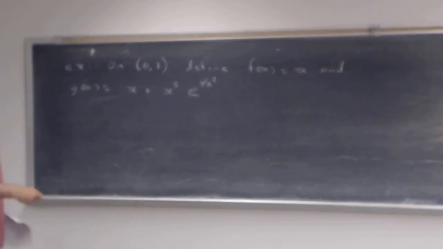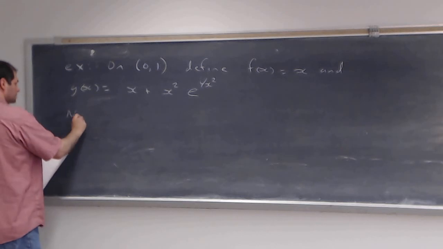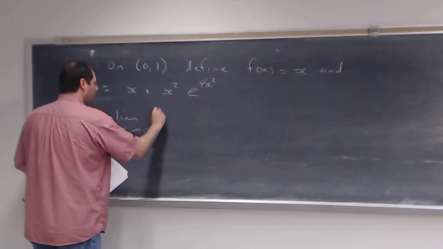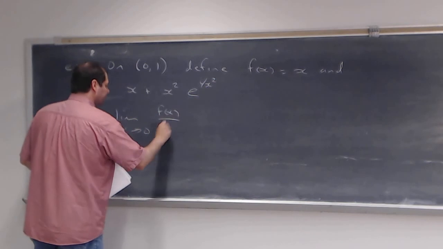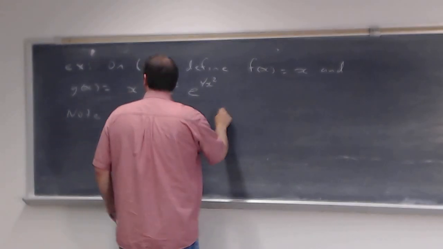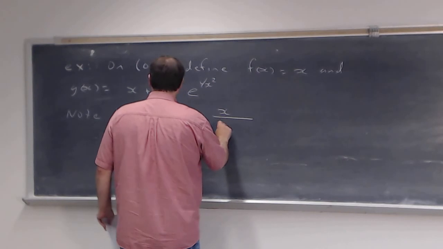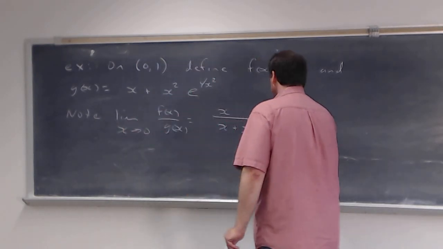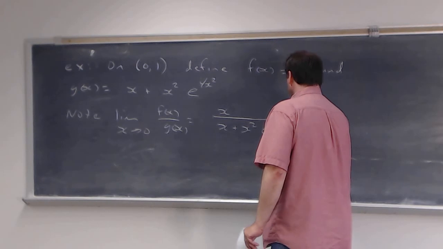And we want to take a look at the limit as x goes to 0 of f of x over g of x, which in this case is x over x plus x squared times e to the i over x squared.